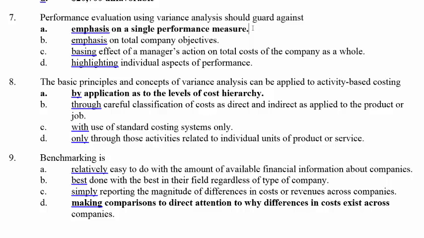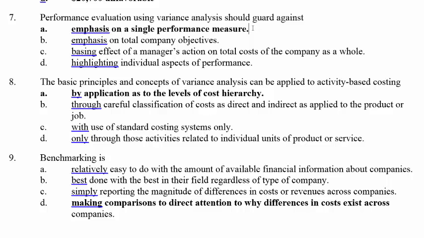Number 8, the basic principles and concepts of variance analysis can be applied to activity-based costing by application as to the levels of cost hierarchy. We could really drill down into our activity-based costing columns and apply our budgeting principles and control principles there as well.